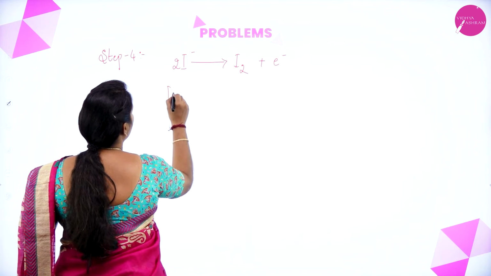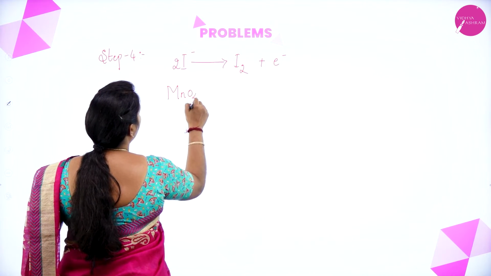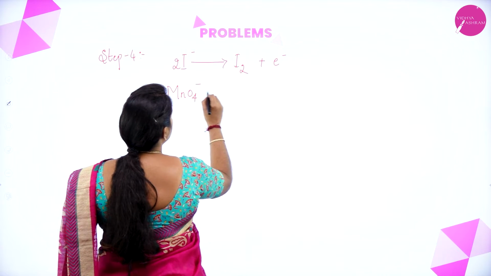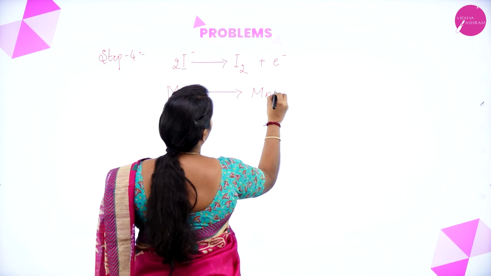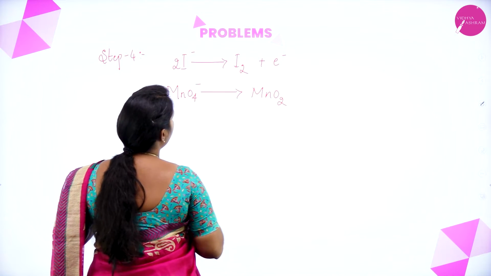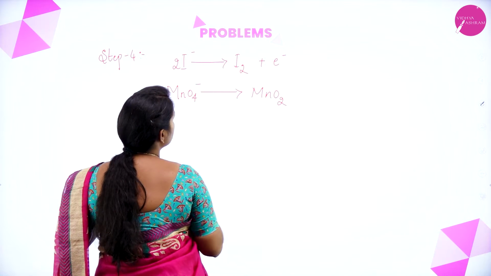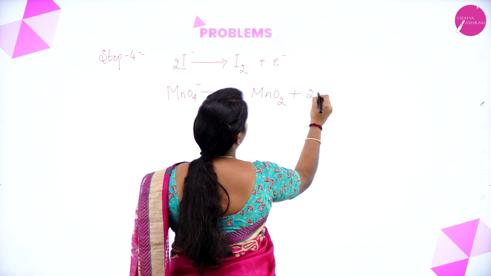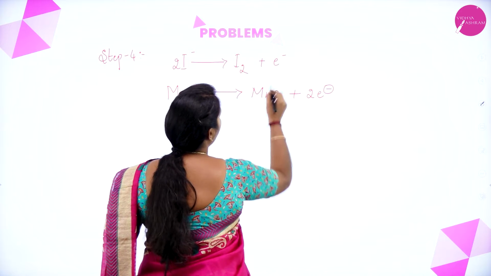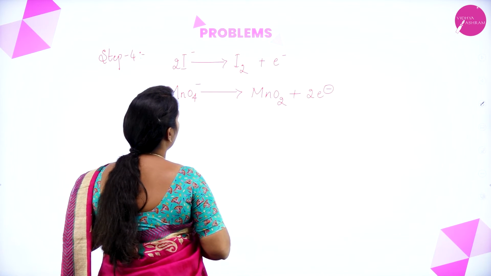Whereas MnO4- gives rise to MnO2. How many electrons are involved here? By gaining 3 electrons. Is it right? Now we know that there are 3 electrons and 1 electron.